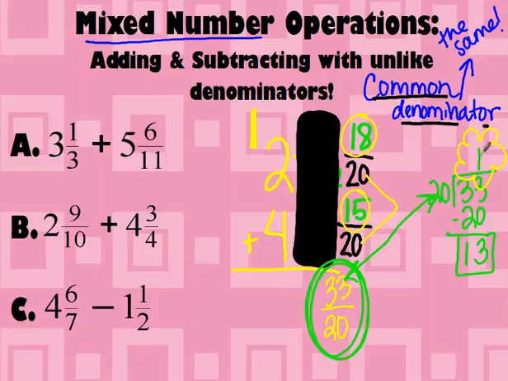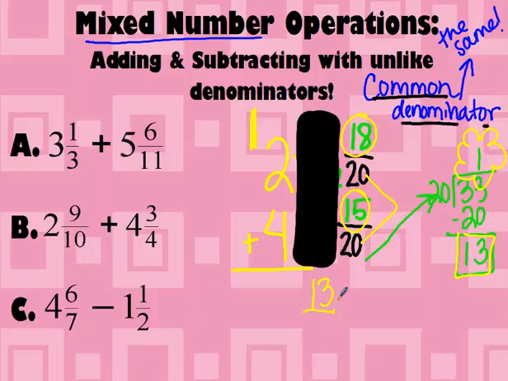That means one whole pizza, and that's why I'm carrying it to the whole number side. So instead of 33 over 20, we're changing it to a fraction that works for us. We carried our 1 over here, and we have 13 left out of the 20.